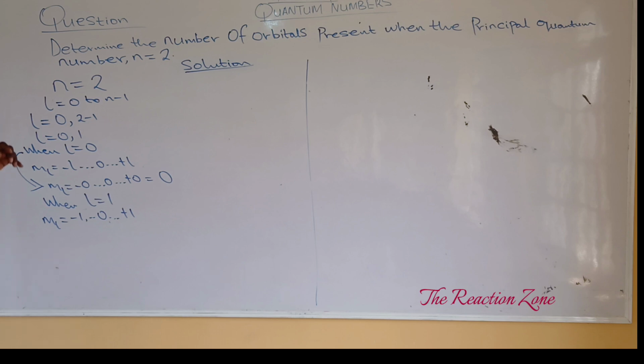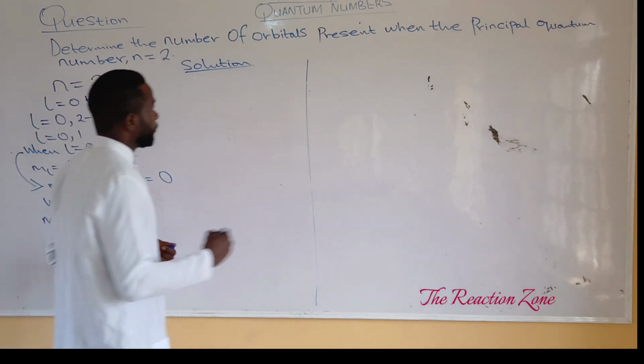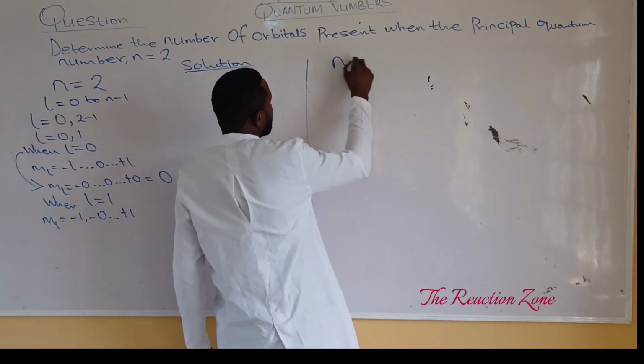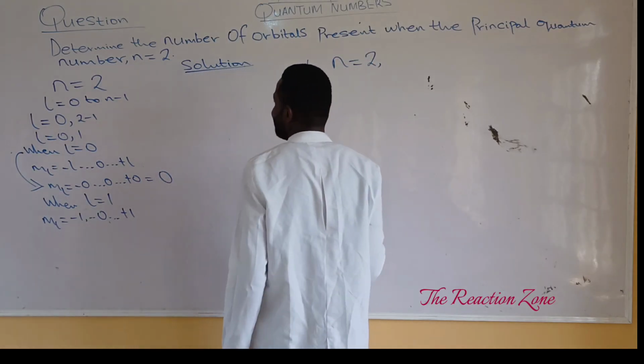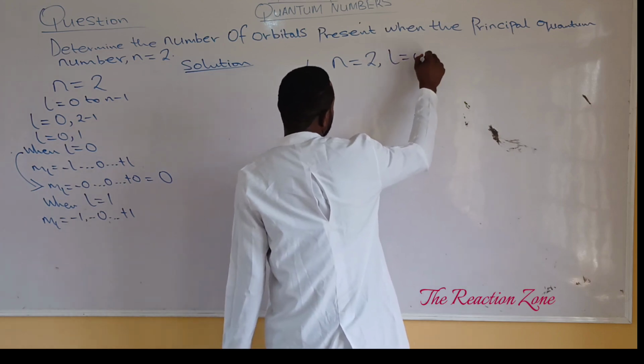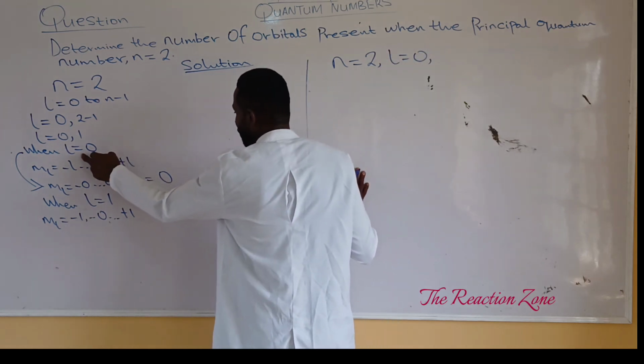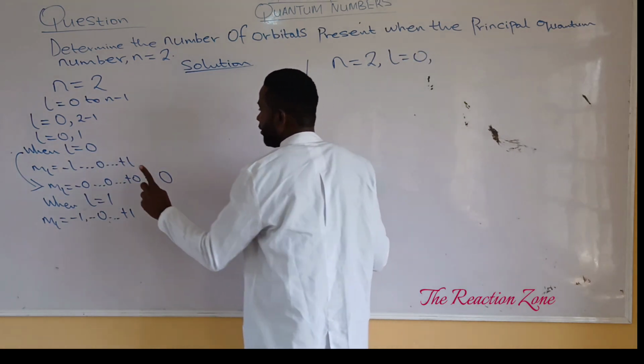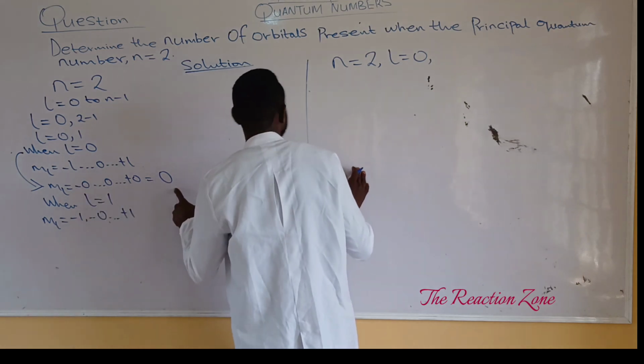Now, we can specify the quantum numbers that describe each of the orbitals present. When n is equal to 2, the first value of l is 0. So l is equal to 0. And when l is equal to 0, the first value of the magnetic quantum number is 0.